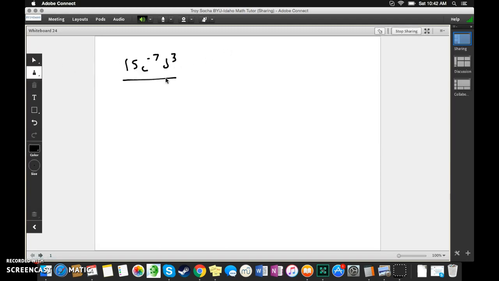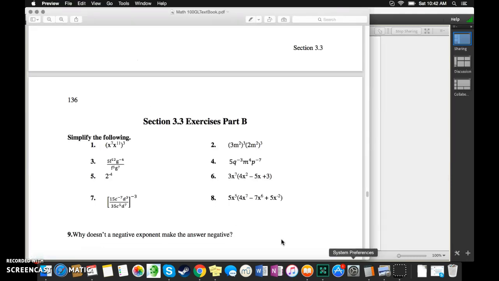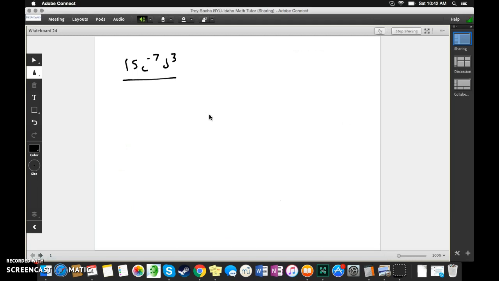All right, so that's d to the negative 3, or d to the 3. And then you're going to say on the bottom is 35c to the 5th.